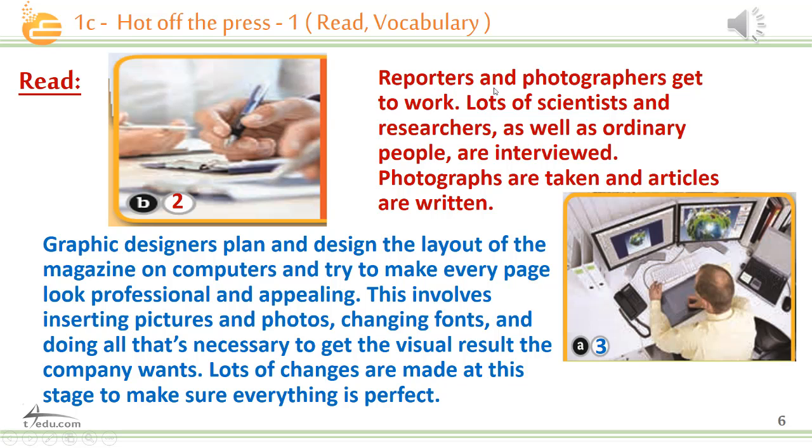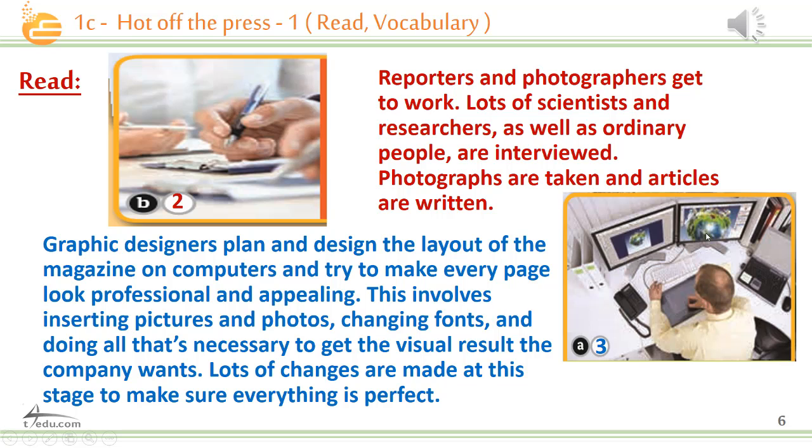Okay, here the reporters and the photographers get to work together. Then researchers as well as ordinary people are interviewed. All the work happens in the second process. It's all the basic work. They gather the material itself for the magazine. Afterwards, the graphic designer starts making it look nice for the reader.